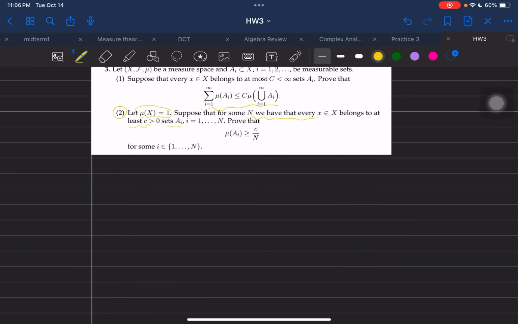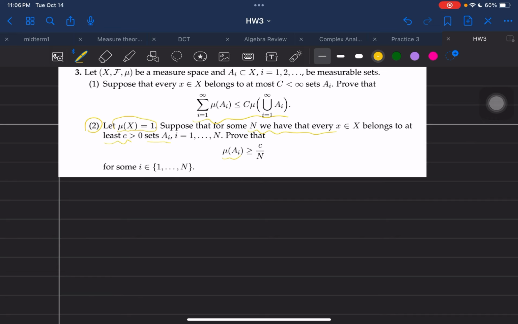So the measure of one set is greater than or equal to c over n for some i, which is essentially saying that there exists some i such that mu(A_i) is greater than or equal to c over n.